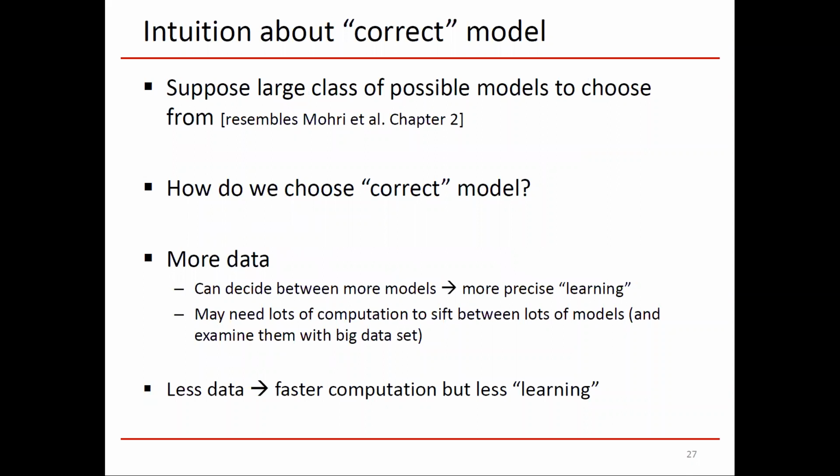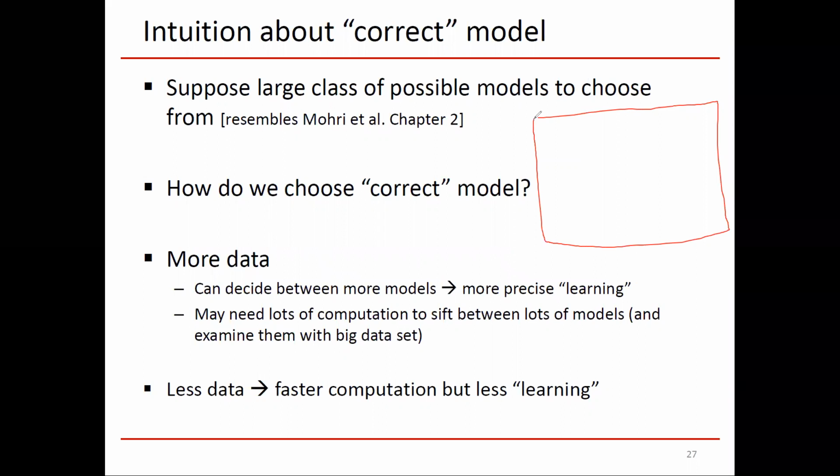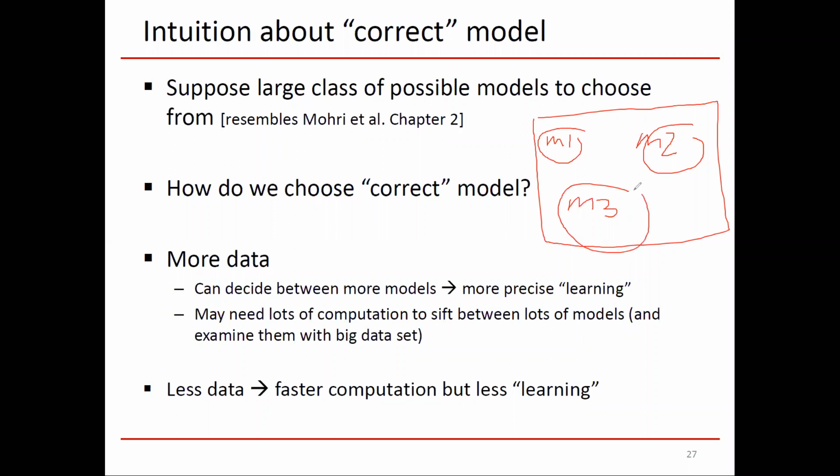So we want some intuition about what is a correct, in quotation marks, model. So suppose that we have a large class of possible models to choose from. So you have this large class of possible models, and you're going to have model 1, model 2, model 3, and so on.